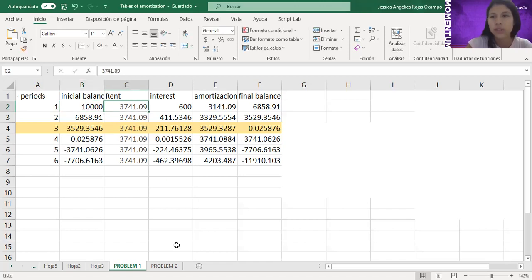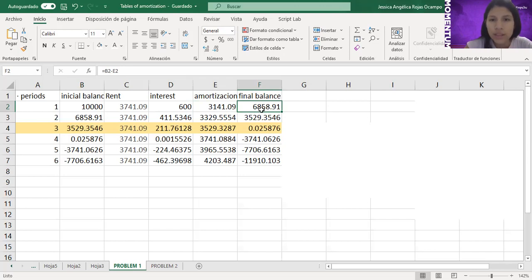The rent is what the problem gives, 3,741.09. The interest is a formula to calculate, that is the initial balance multiplied by 0.12 divided by 2. The amortization is another formula, that is the rent minus the interest, and the final balance is the initial balance minus the amortization, and gives this.